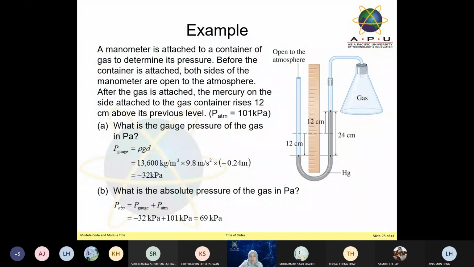If not given, it will be in the list of constants in the formula sheet. So be careful. Sometimes it is not in the question, but you must check the table or the formula sheet. So here 101 plus negative 32, so absolute pressure becomes 69 kilopascal.